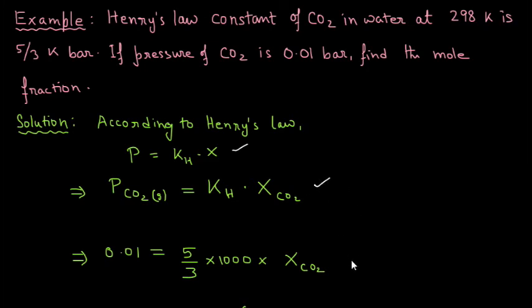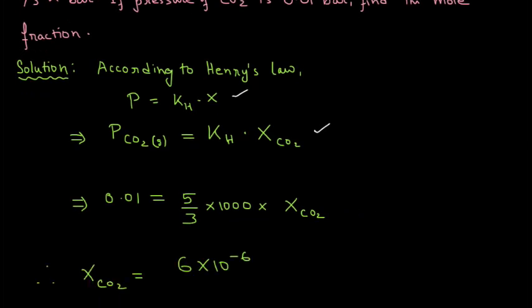Putting the given values, 0.01 is the value of PCO2, 5 upon 3 multiplied by 1000 is the value of KH, and we have to find XCO2. By calculation, the mole fraction of CO2 is given as 6 into 10 to the power minus 6.